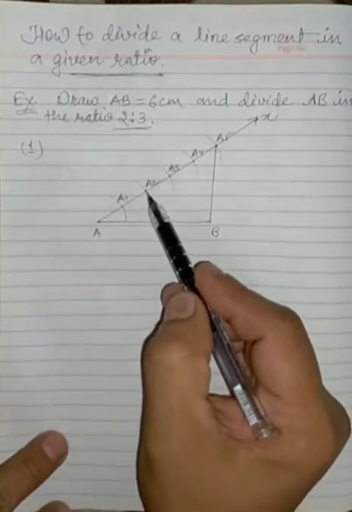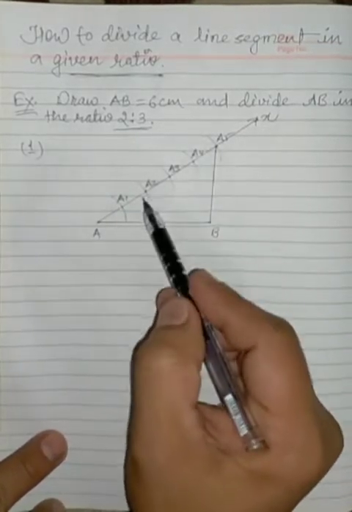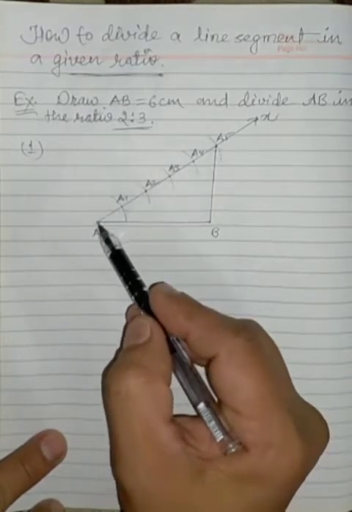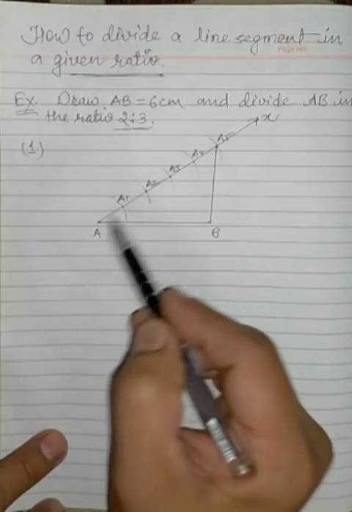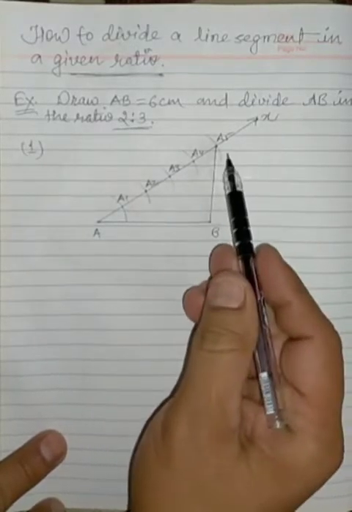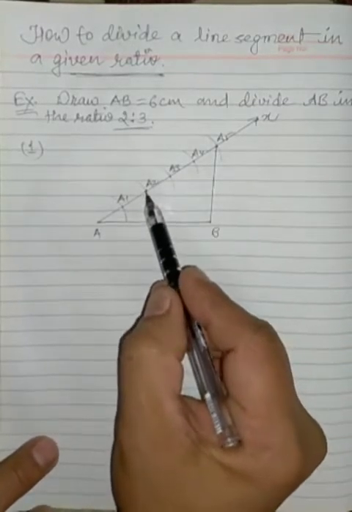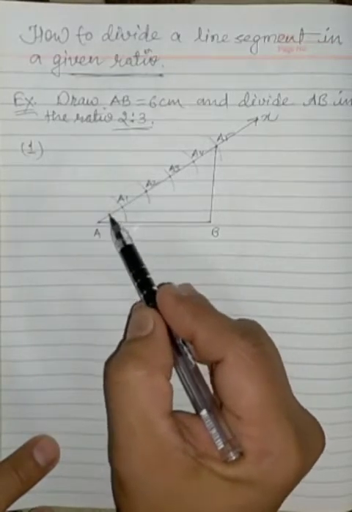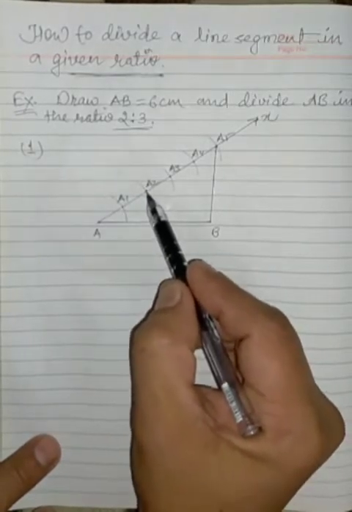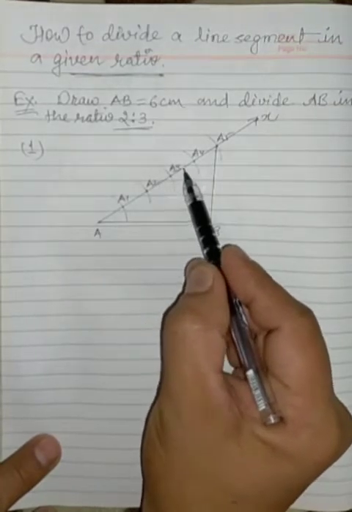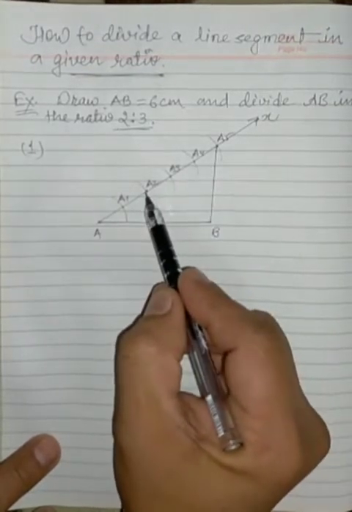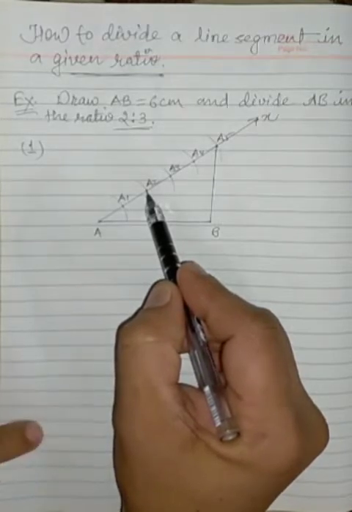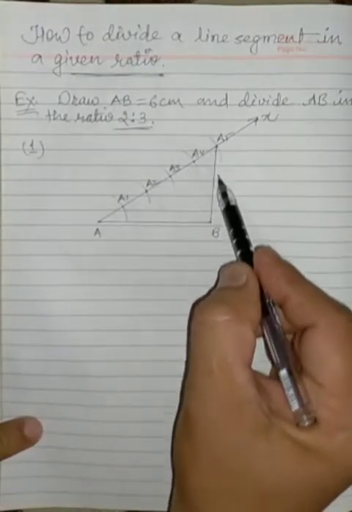We have to choose a point from A1 to A5 in such a way that the ratio before that point and after that point is 2:3. So A2 is that point, because before A2 we have two parts, 1, 2, and after A2 we have three parts, 1, 2, 3. So we have selected A2, and from A2 we will draw a line parallel to A5B.